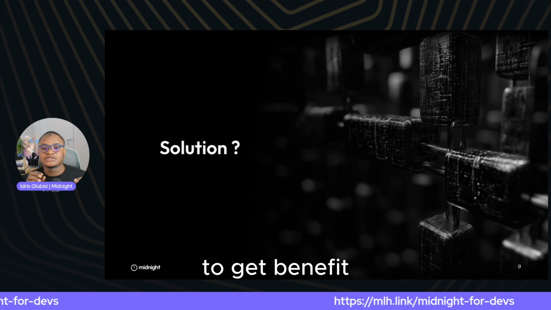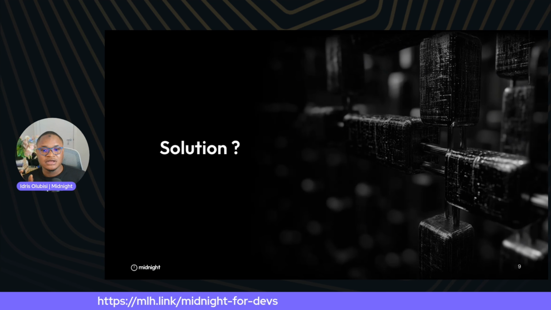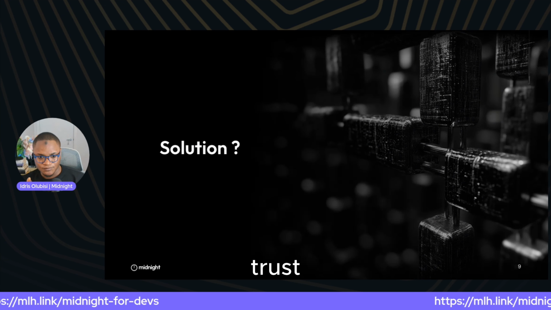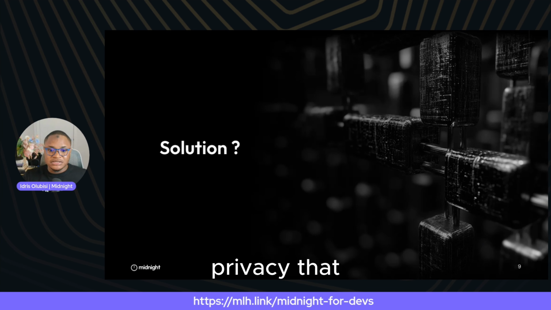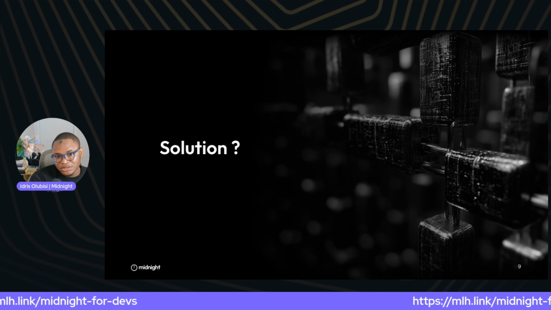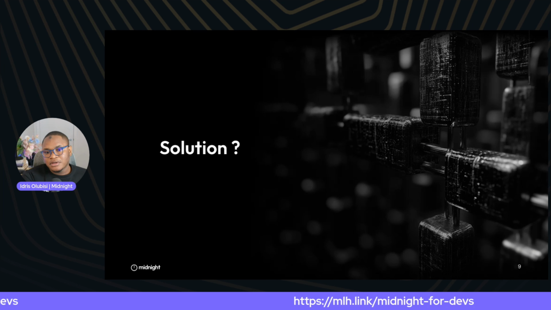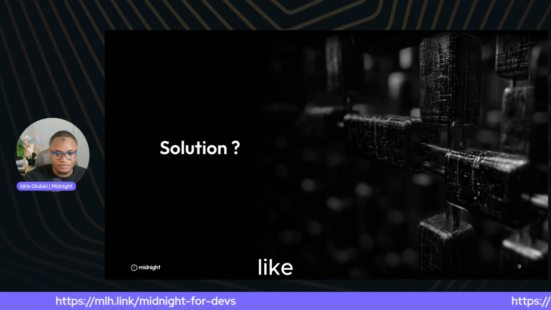What would it take to get the benefit of decentralization and verifiability with no single point of trust, where we could have programmable applications without giving up the privacy that traditional systems at least attempted to preserve?